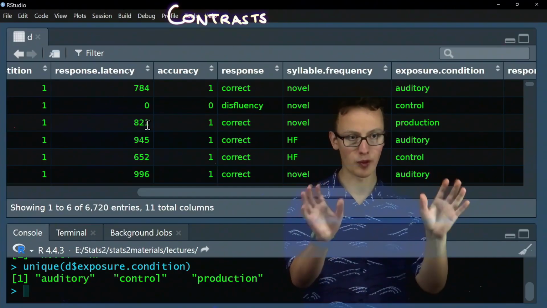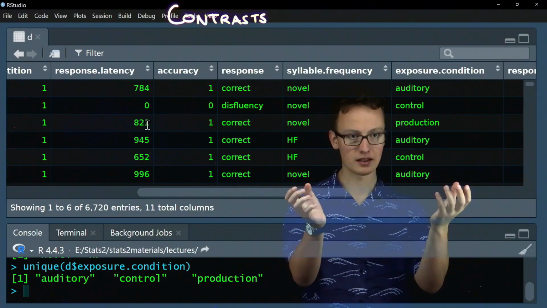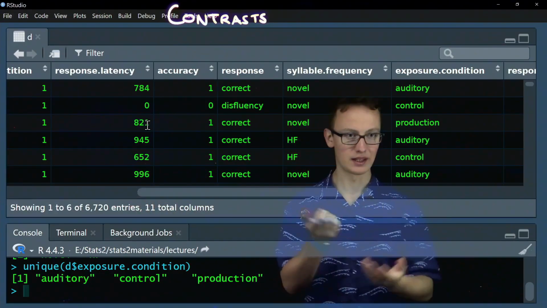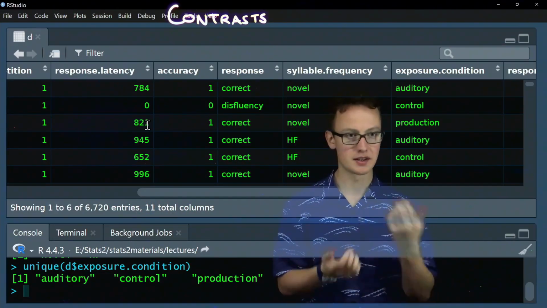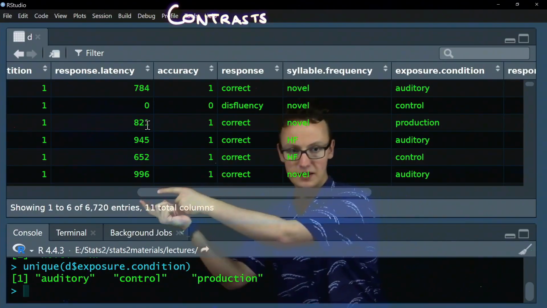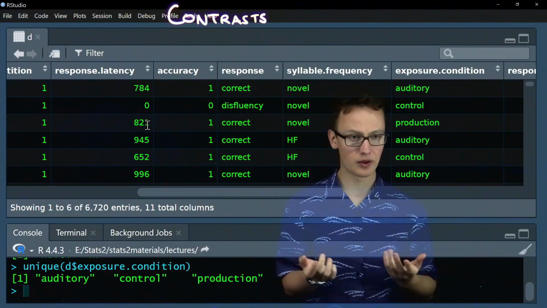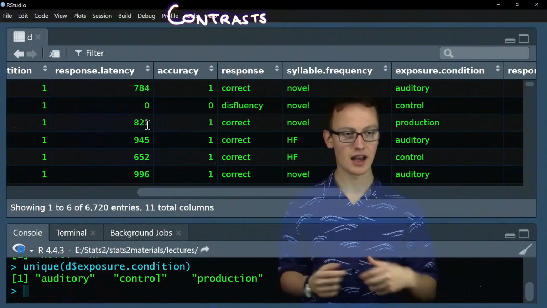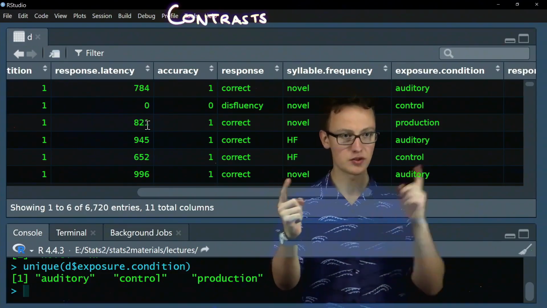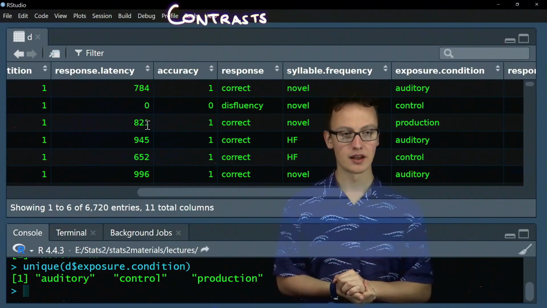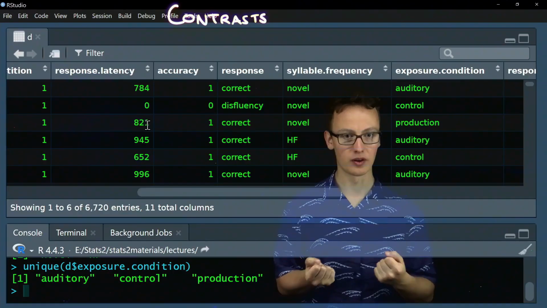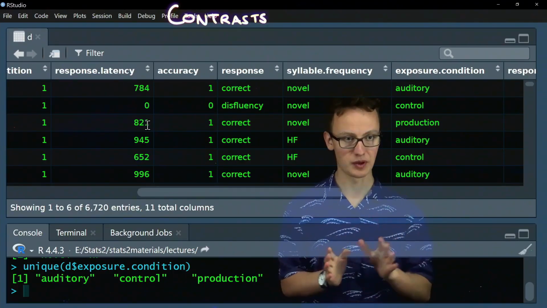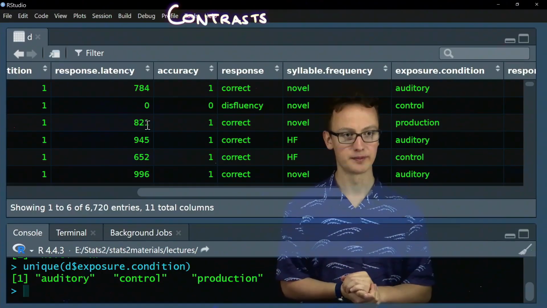And those we want to look at as predictors of response latency, our DV, and find out if there is some meaningful statistical effect of either of them on the response latency. Okay? And so now the interesting task or problem regarding the contrast coding is how to encode each of these two categorical predictors. And this will, of course, depend on which hypotheses in particular we want to define about them. Okay, so that's what we are going to think through now.